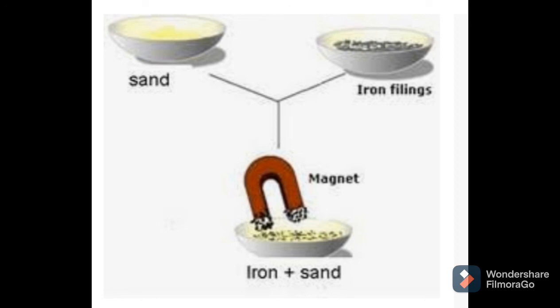We can separate iron filings from sulfur powder or iron filings from sand using magnetic separation. When we move a magnet near the sand, and if iron filings are there, the iron filings get stuck to the magnet and we can separate them from the sand. So we can use magnetic separation also, but the condition is that the impurity or unwanted material present in the mixture should be made up of magnetic substances.